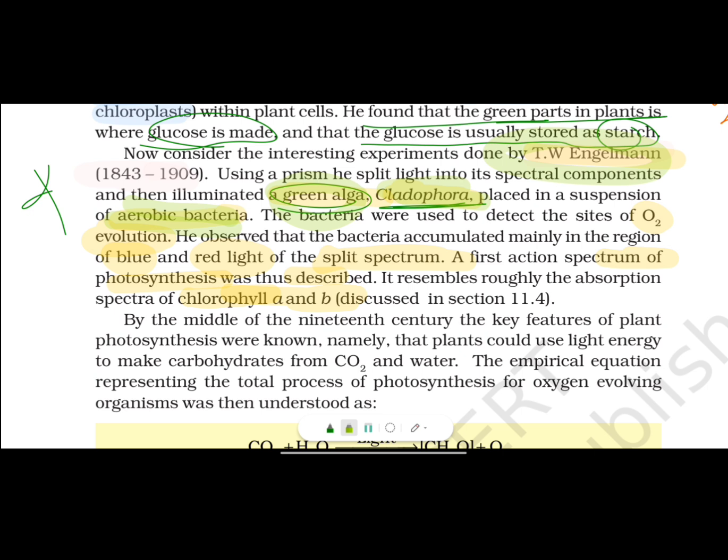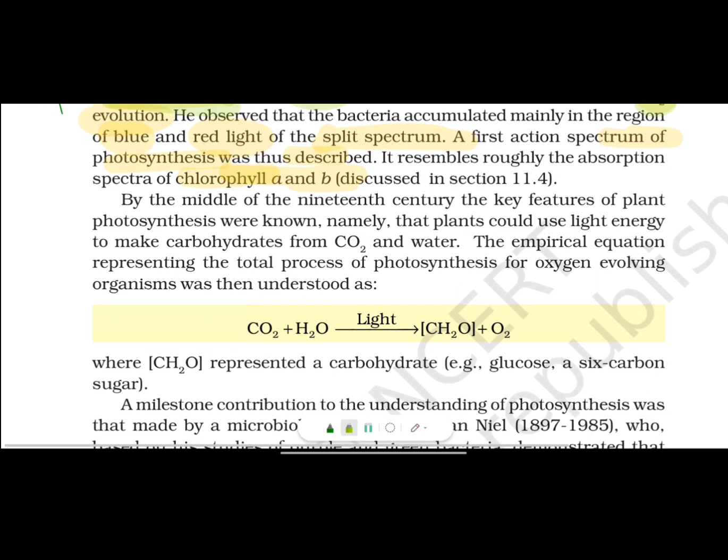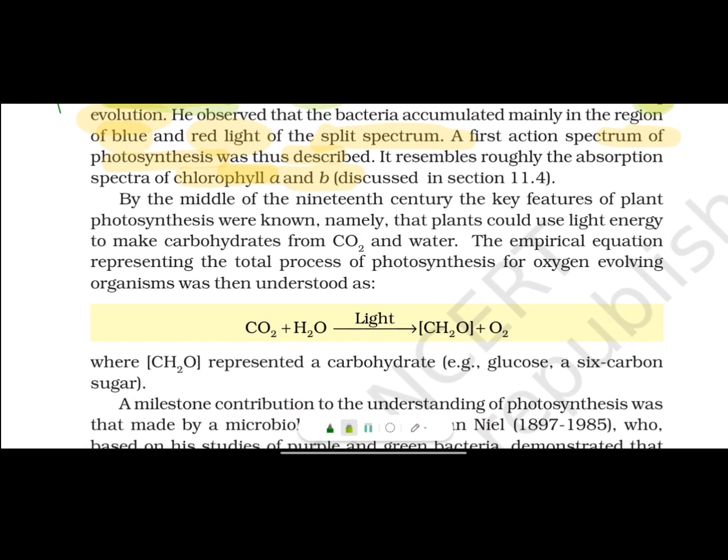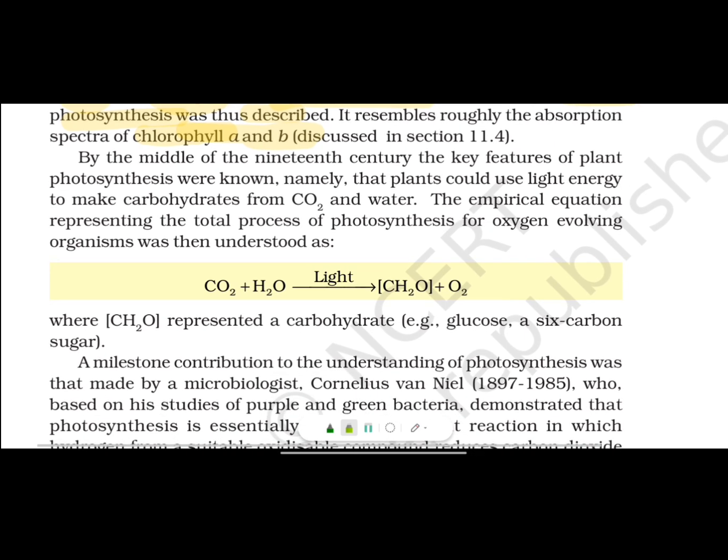Here they can confuse you by giving anaerobic bacteria in the options, so the correct answer is aerobic bacteria. The bacteria detect the oxygen, and because they are aerobic, they accumulate only in the region of blue and red light. So it describes how the absorption of chlorophyll a and b takes place, in which color what happens.